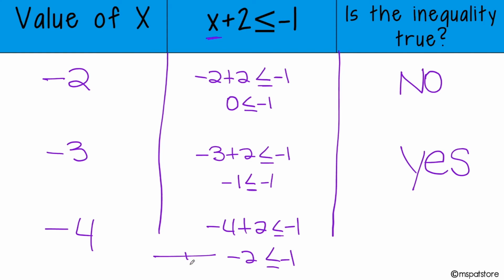If I have my number line here, this is 0, -1, and -2. -2 is actually less than -1, because as they move away from 0, the negative numbers start becoming very, very small. So yes, this inequality is true, which means that -4 is a solution to this inequality.